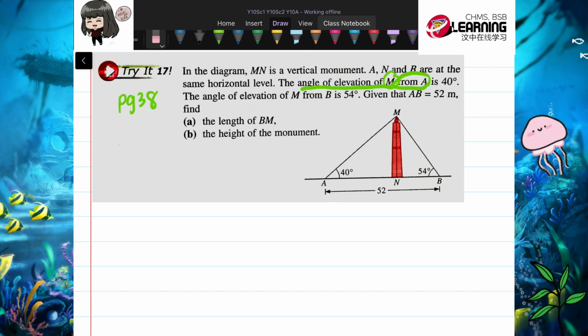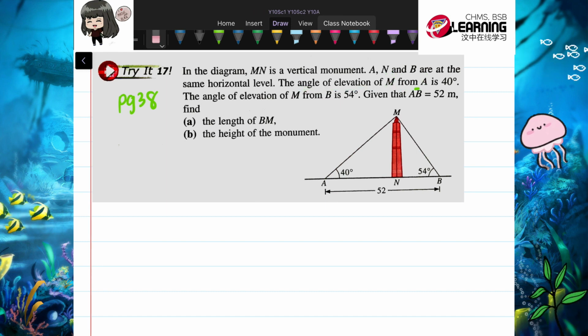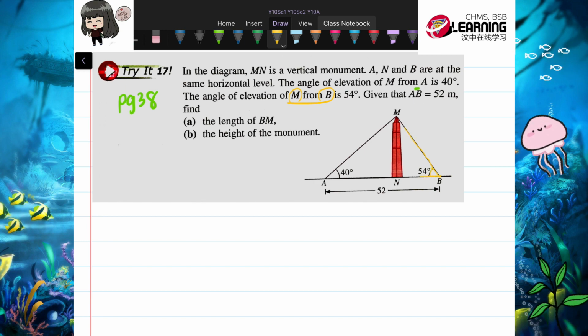So it's 40 degrees, and the angle of elevation of M from B. From B is here. MB, so the connecting line is MB here, and it's from the horizontal, always from horizontal, looking all the way up.